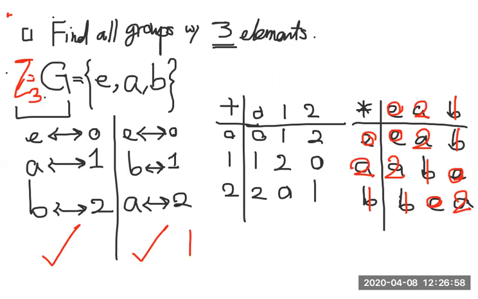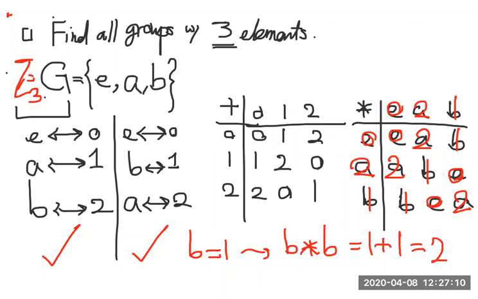By that I mean, if b is 1, then b star b should be equal to 1 plus 1. 1 plus 1 is 2. If you look at this table, b star b is a. And here we say a is 2. So there is no contradiction.